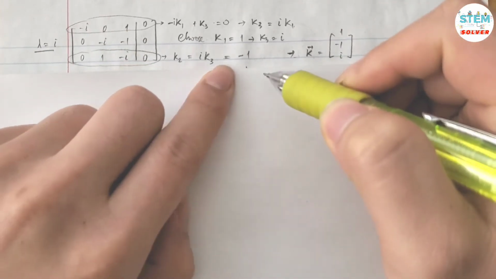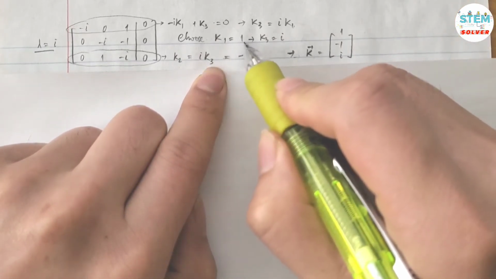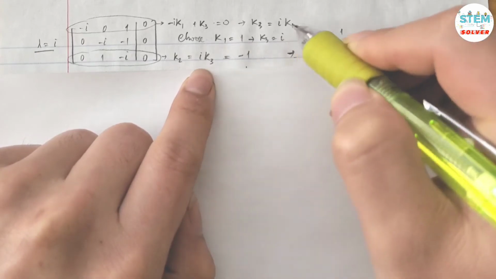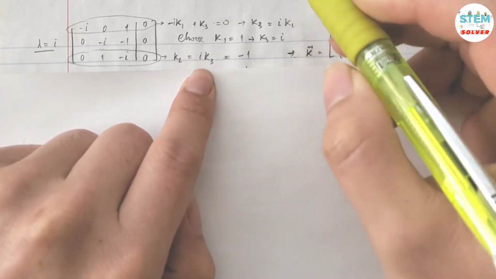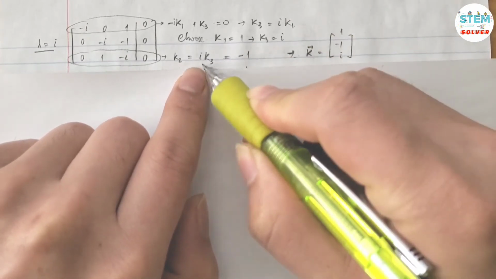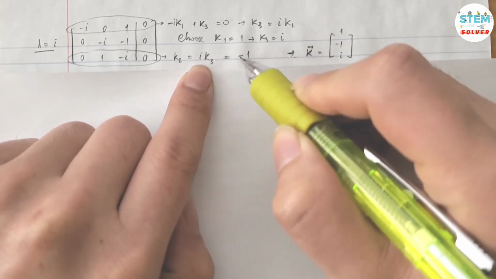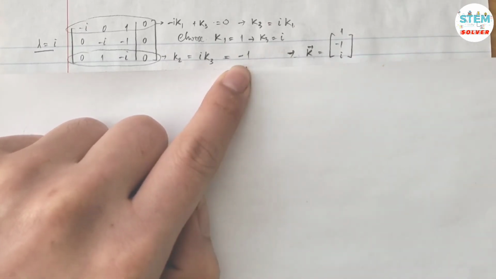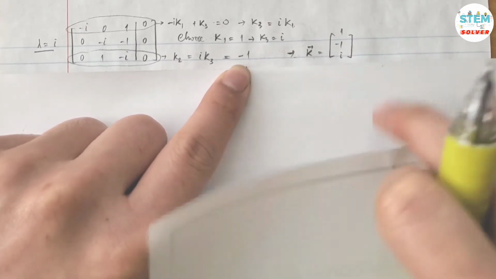If I choose k1 equals 1, then k3 is i. Since k3 is i, then k2 is negative 1, because i times i is i squared, and i is the square root of negative 1, so that gives you negative 1. Hope that makes sense.